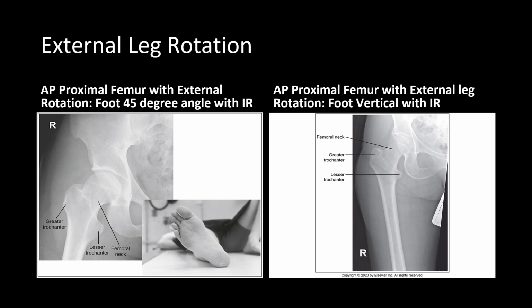And in each projection, we just need to ensure that we rotate those toes in 15 to 20 degrees so that we can demonstrate the appropriate AP projection of the proximal femur.